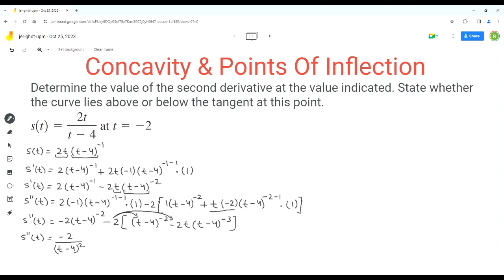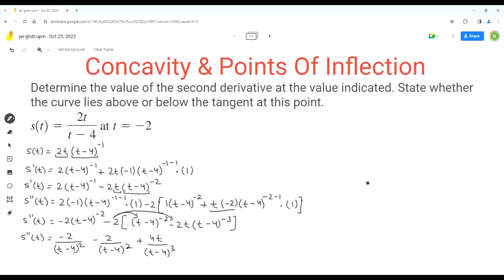So the first term will become -2, and we can move (t minus 4) to the denominator to make the exponent positive. And in the second term, we do -2 times -2t, which will be equal to positive 4t, and we can move (t minus 4) to the denominator to make the exponent positive.